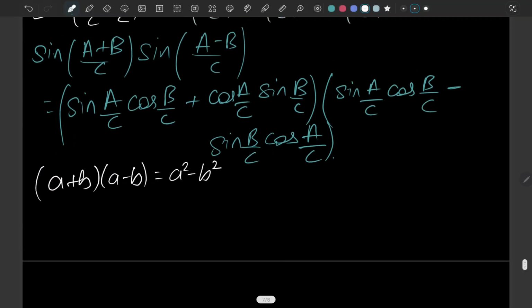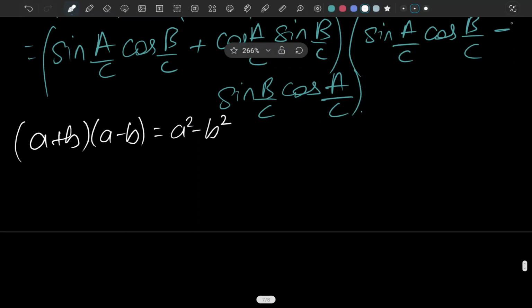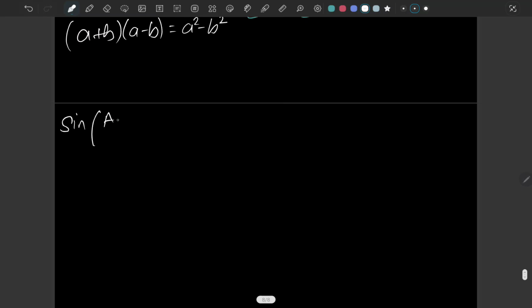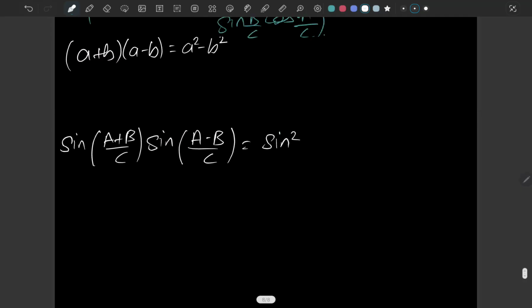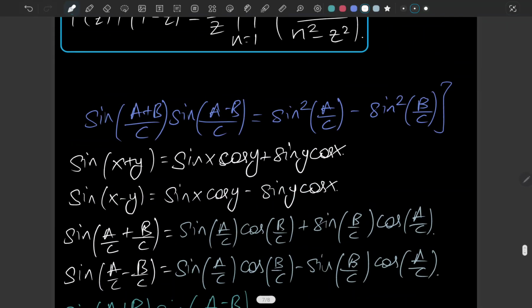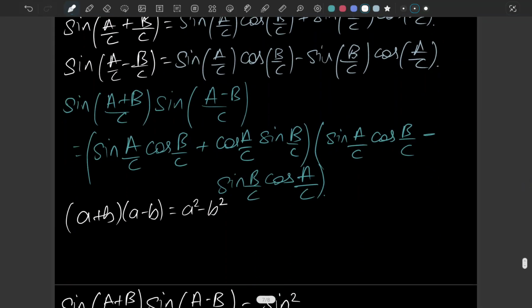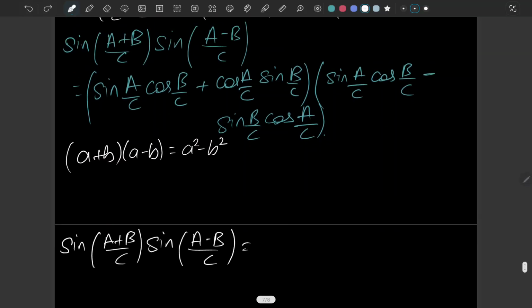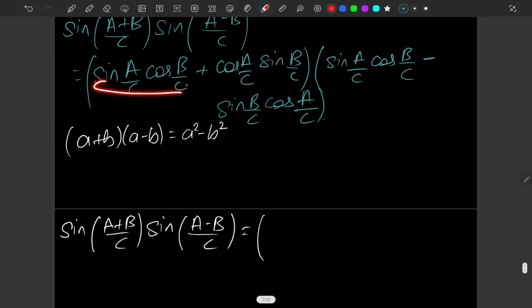So from there we can say that sine of (a plus b over c) times sine of (a minus b over c) equals, so this can be written as this whole thing squared, right?